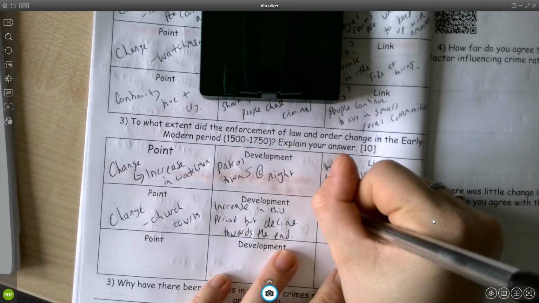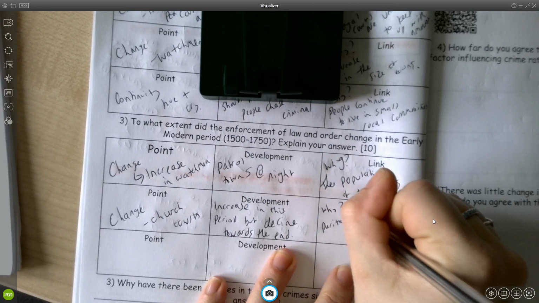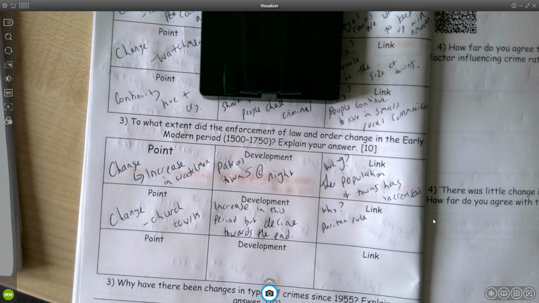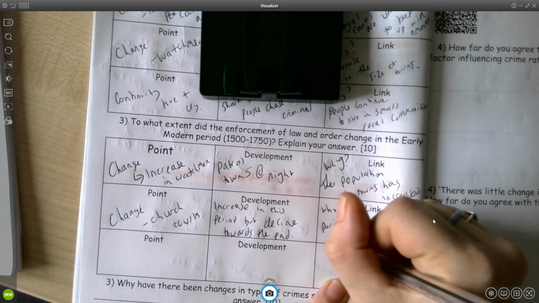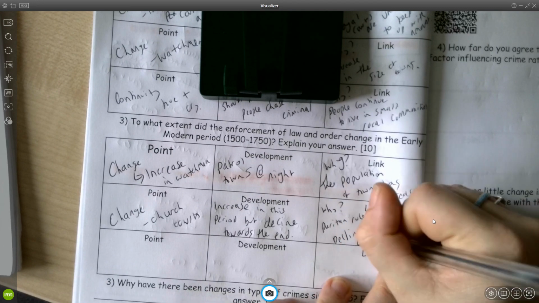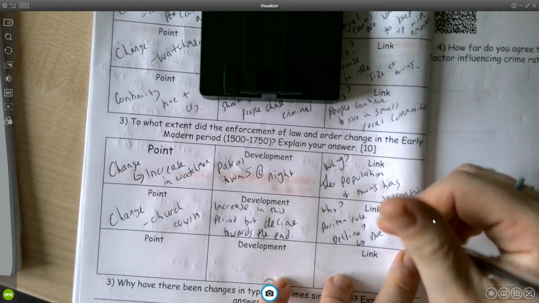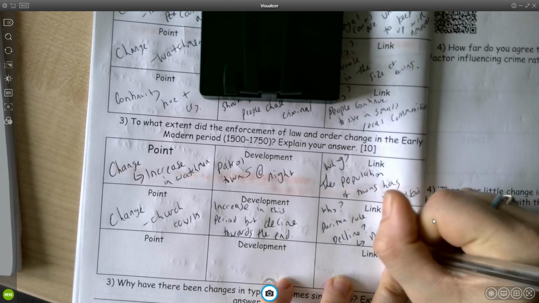Why do they increase? It's due to Puritan rule. So more moral crimes are being committed. Why do they decline? It's due to the rise of the Enlightenment. So people are becoming less religious.